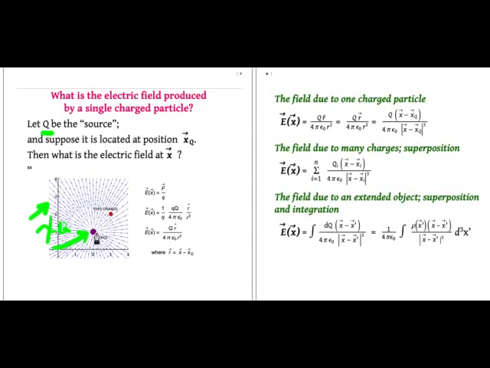The force on this little charge, let's call this charge q, located at x, is q times Q over 4 pi epsilon 0, r hat over r squared. That's Coulomb's law. Coulomb measured that force.